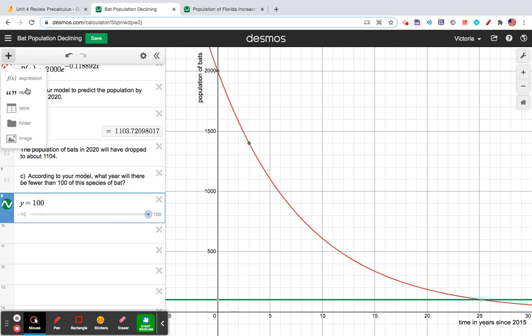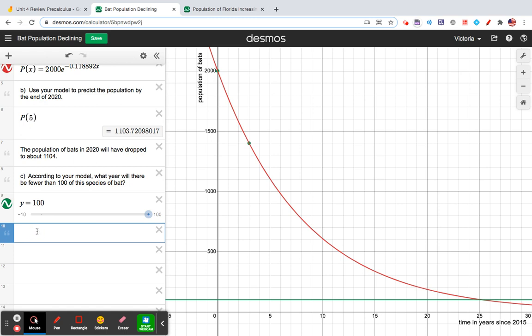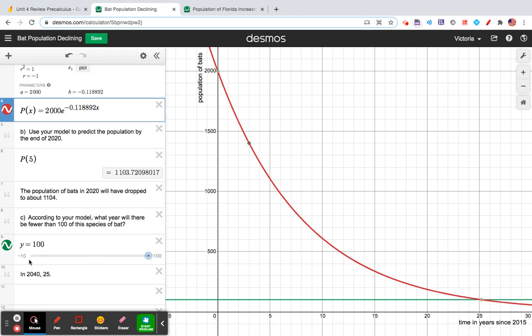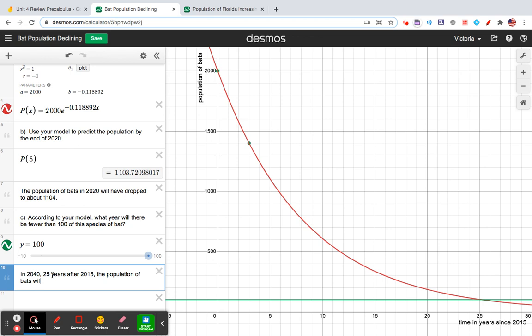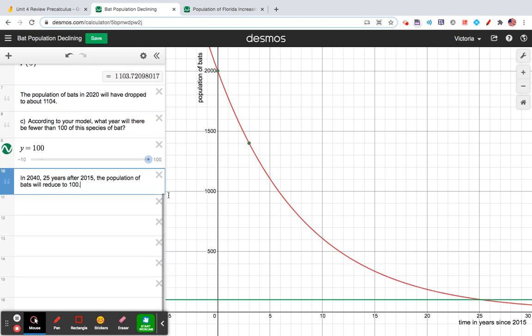So based on just my graph, I can say that in 2040, which is really 25.197, or 25 years after 2015, the population of bats will reduce to 100. Okay, so that's your graphical solution, just simply using where these two curves intersect.